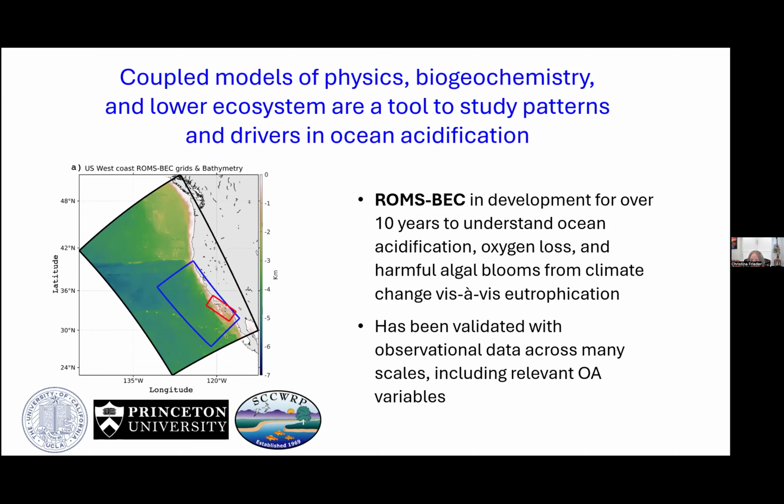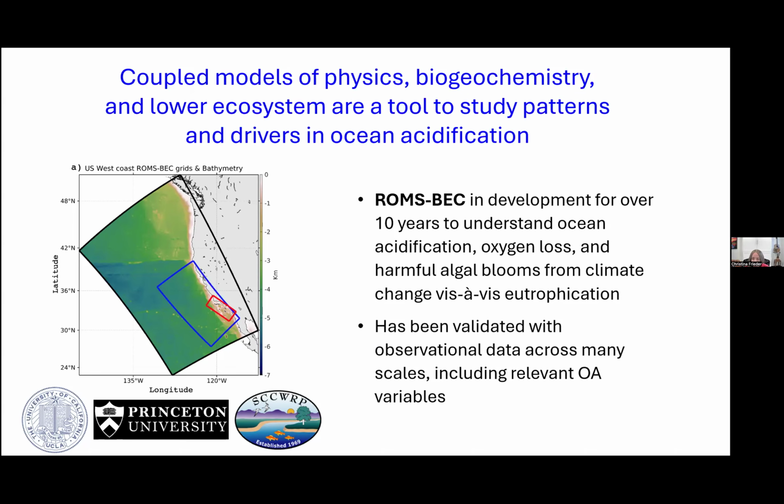So things like phytoplankton groups and zooplankton are incorporated into the model. This model has been under development for over 10 years in partnership with University of California, Los Angeles, Princeton, as well as our modeling team at SCCWRP, largely through funding, again, from California Ocean Protection Council, as well as NOAA.